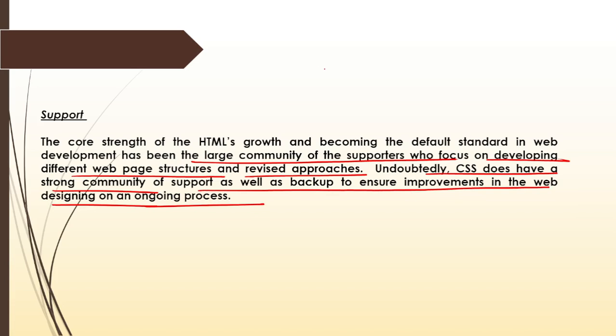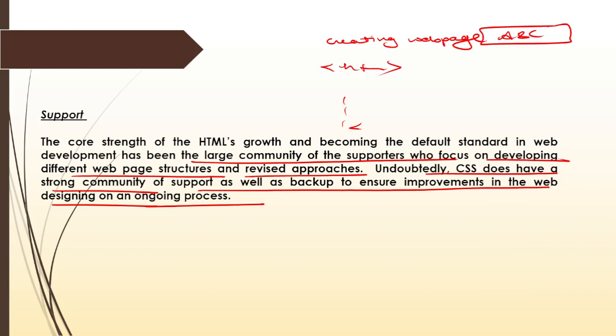Suppose I am creating a web page called ABCD, and now I'm writing its basic code, like let's say this. Here I have told you that CSS has a strong community and greater backup to ensure improvement in web page designing on an ongoing process.